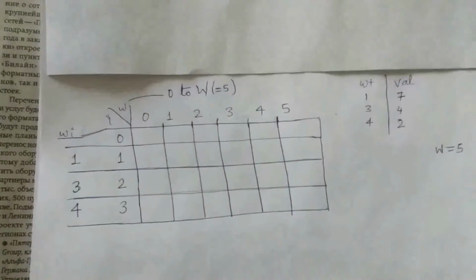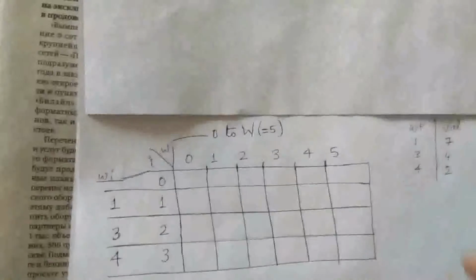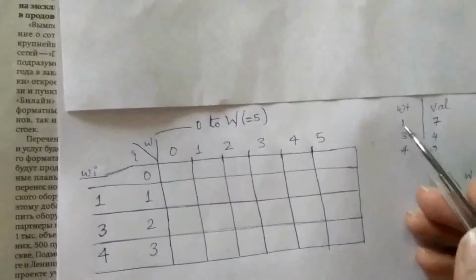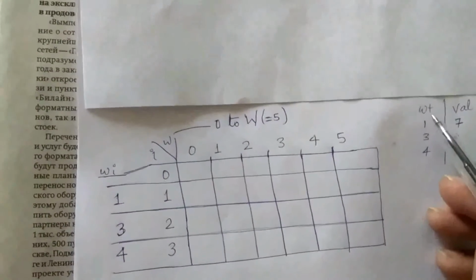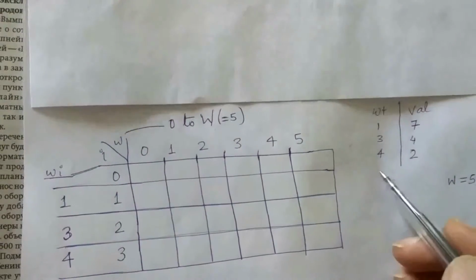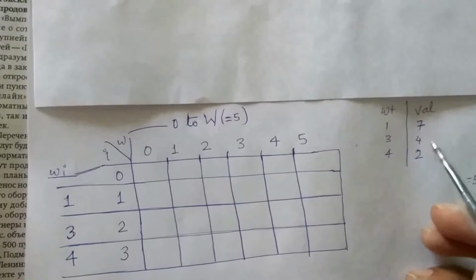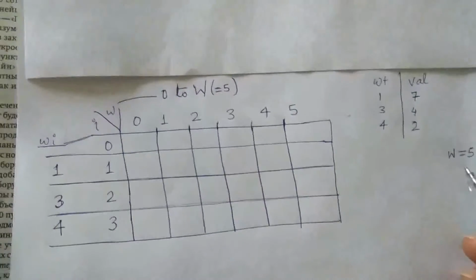Now we will solve one problem using this recursive formula, right? So let us take, we have 3 items and the corresponding weights are 1, 3 and 4, and the values of these items are 7, 4 and 2, and the total weight will be 5.